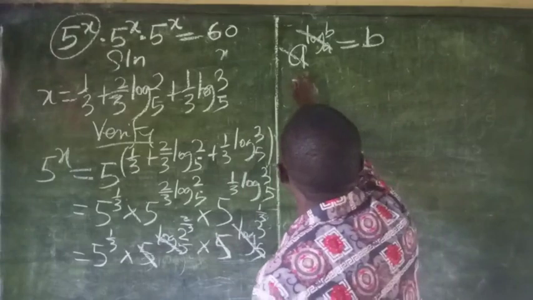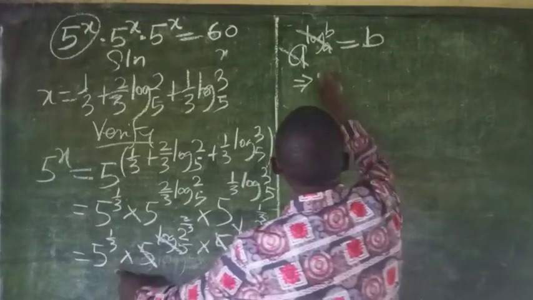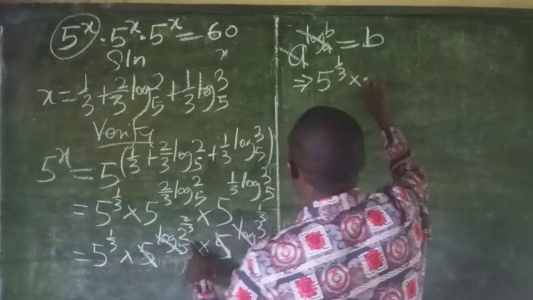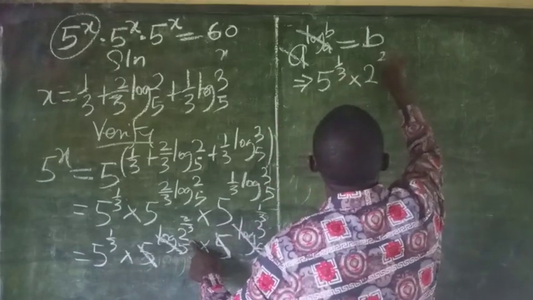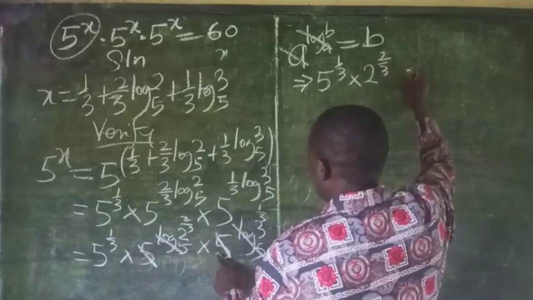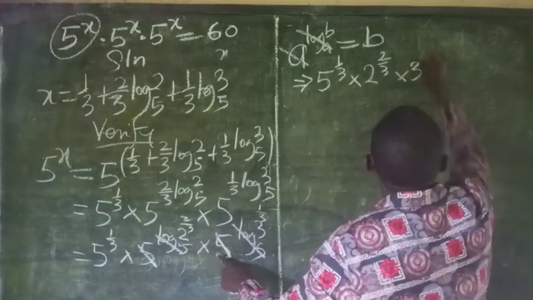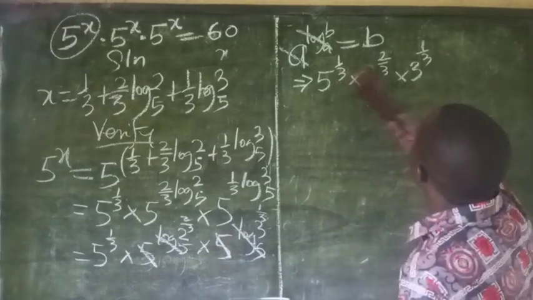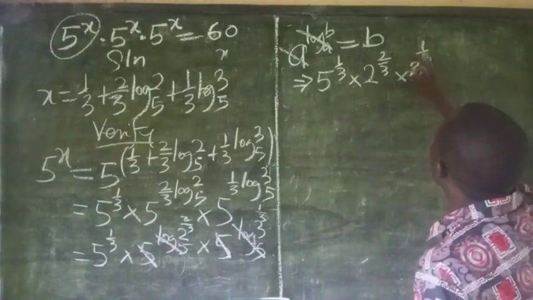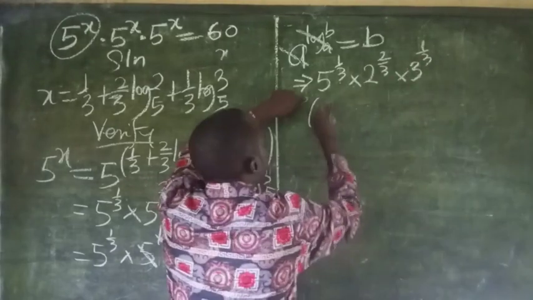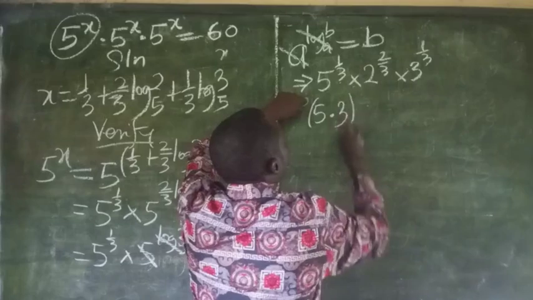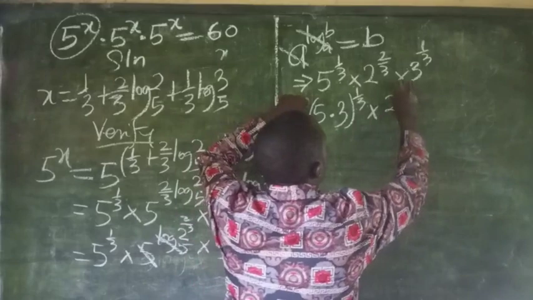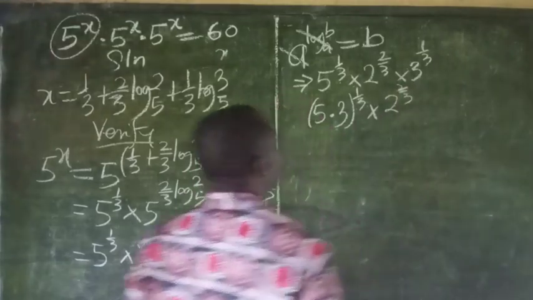So eventually it will become 5 raised to power 1 over 3 times 2 raised to power 2 over 3 times 3 raised to power 1 over 3. So from here, if we bring the ones that have the same power together, 1 over 3, 1 over 3, it will become 5 times 3 raised to power 1 over 3 times 2 raised to power 2 over 3.